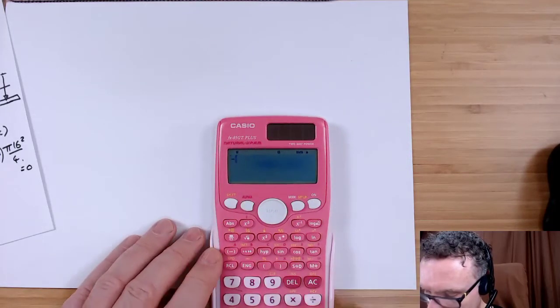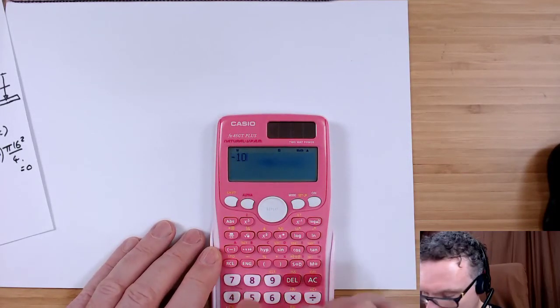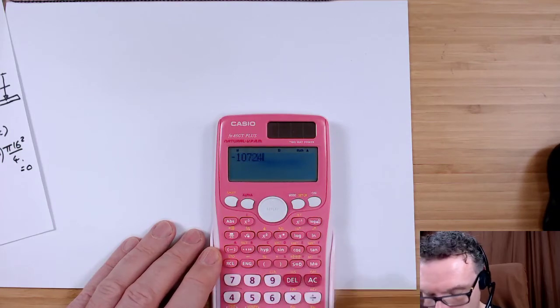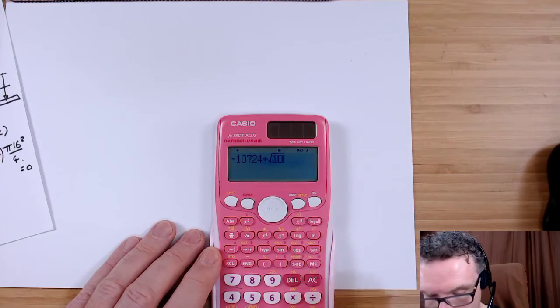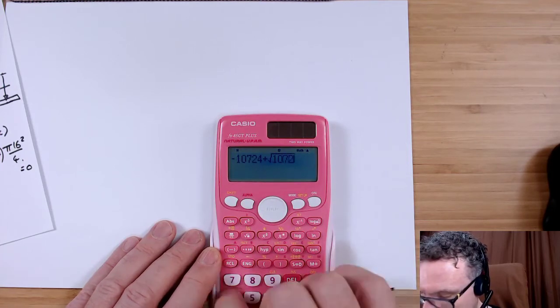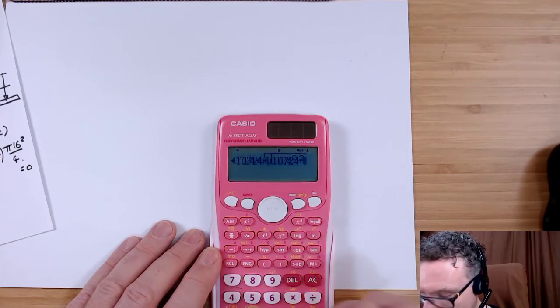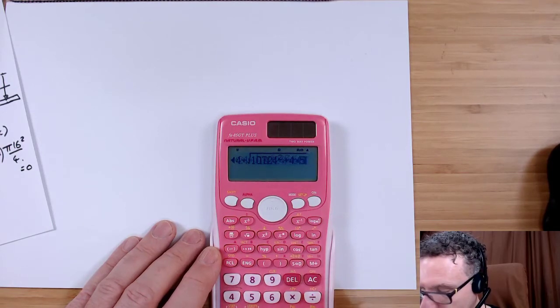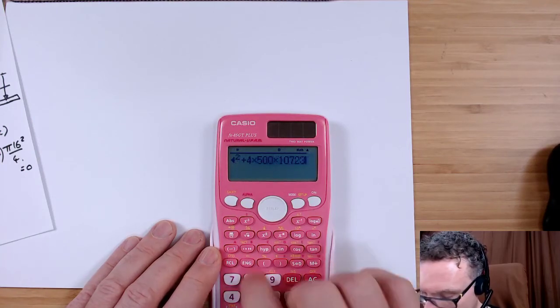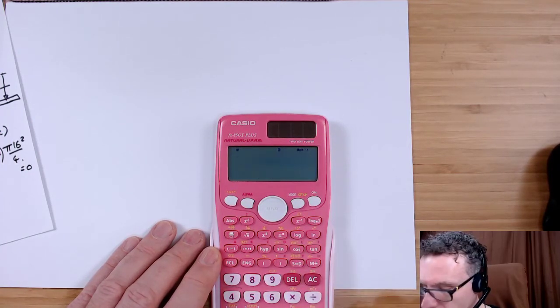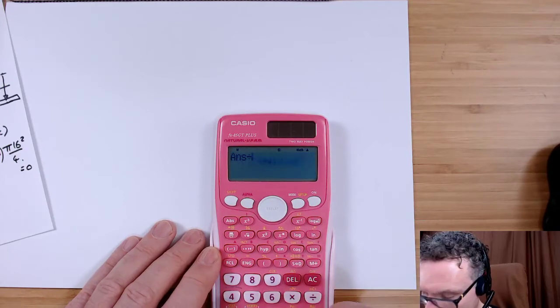So minus 10,724 plus square root 10,724 squared plus 4 times 500 times by 1,072,384 divided by 1,000.